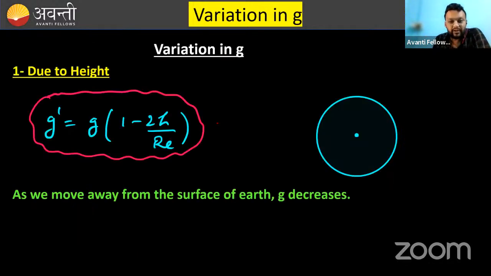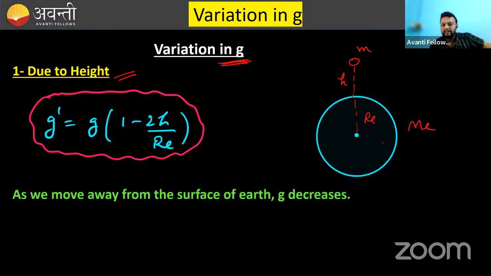So now our next heading is variation in small g, variation in acceleration due to gravity. There might be a few factors on which this depends. Let's suppose one reason is due to height. If the body is taken up to a certain height h from the surface of the Earth, the mass of the body is m. This is our Earth, with radius Re and mass Me.